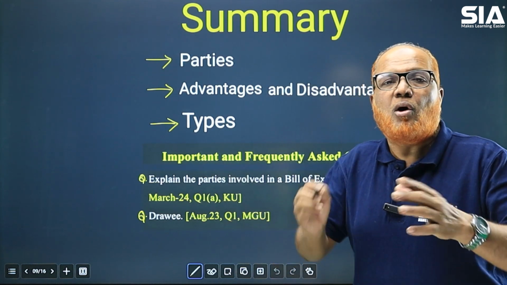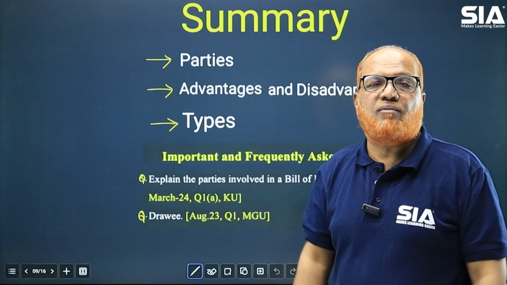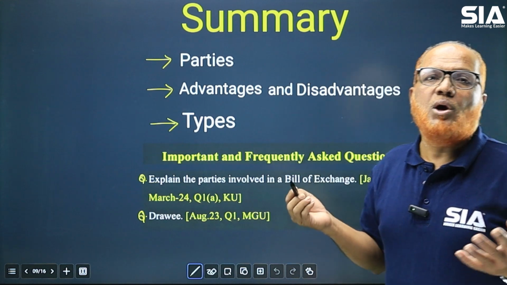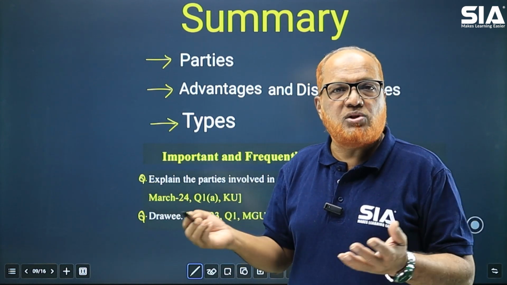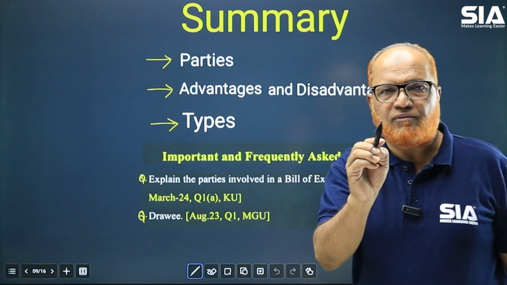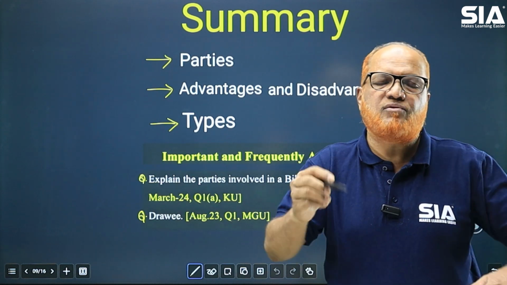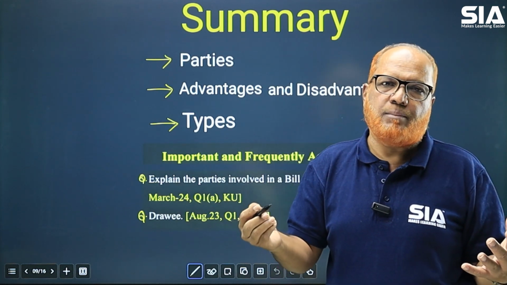Individually they may ask, or in a long question they may ask you who are the parties to bill of exchange. Similarly, a question may be asked, what are the advantages and disadvantages of bill of exchange. It may be asked, what are the types of bills. So after watching this video, you will feel confidence in yourself to write the theory examination.